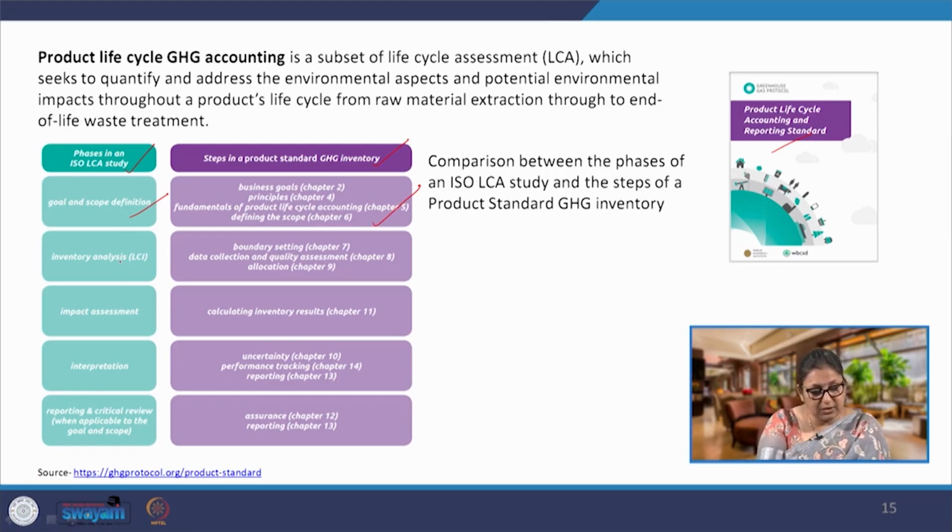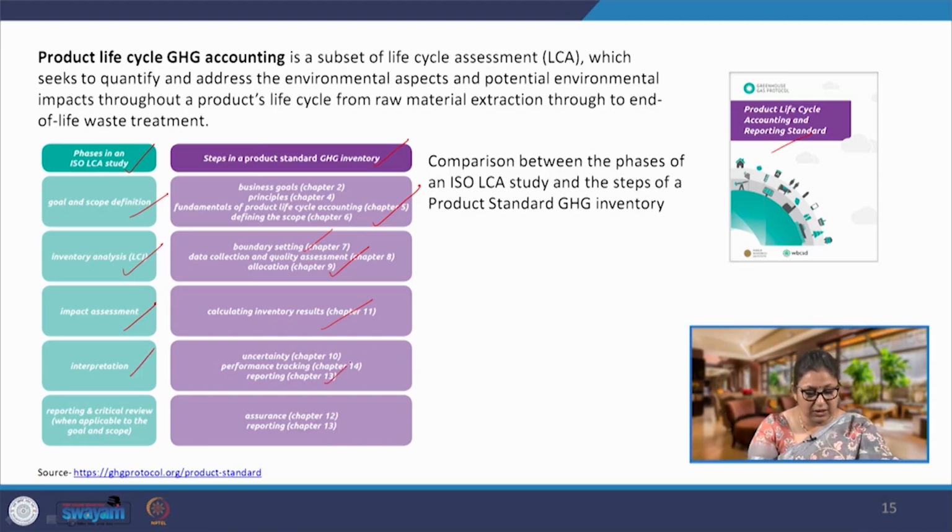After this, for ISO LCA, we develop the inventory, we look at the life cycle inventory, and here we define the boundary as we always do, and we collect the data. So, defining the boundaries is also taking into account the entire life cycle of the product, and we collect the data. Then we go ahead for impact assessment, and here we are looking at the inventory results. So, calculating it between baseline year and the reporting year.